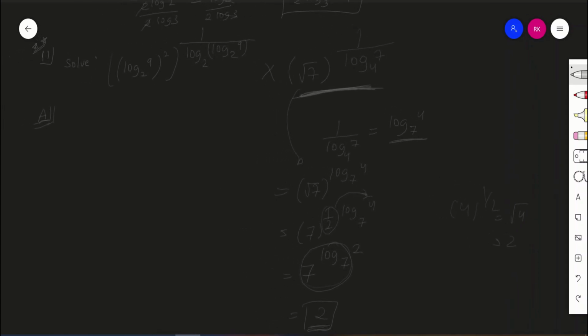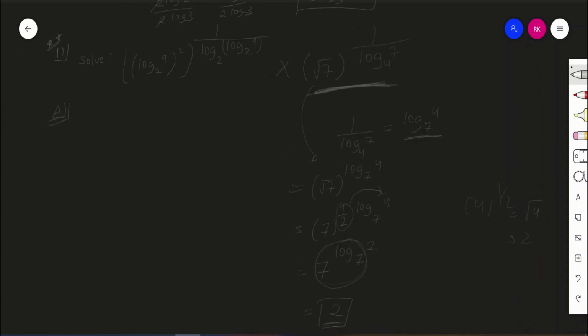And let's look at this part. So it looks really messy. But what we can do is, as you all can see, log 9 base 2 appears down here and here. So what I'm going to do is, I'm going to put log 9 base 2 equal to t.